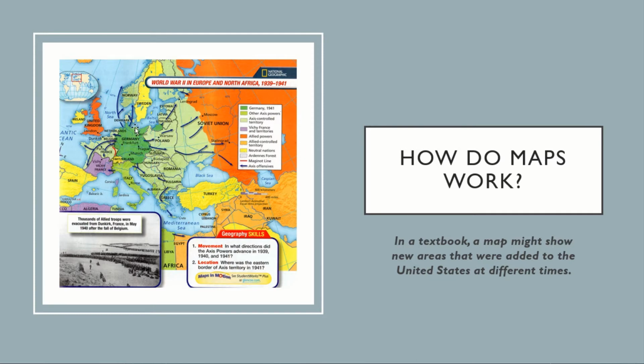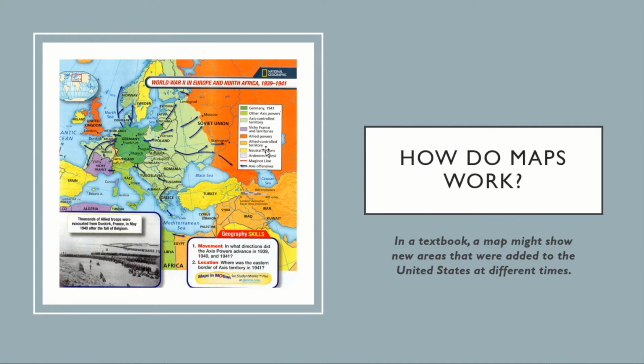Okay. Similarly, we have political maps in the textbook. A political map shows the borders between the countries. You can see here in a textbook, a map might show the new areas that were added to the United States at different times. Okay, so these are the colors of the map, and you can see the allied powers which were united into America. Here you can see this color, and World War II in Europe and North America, 1939 to 41.